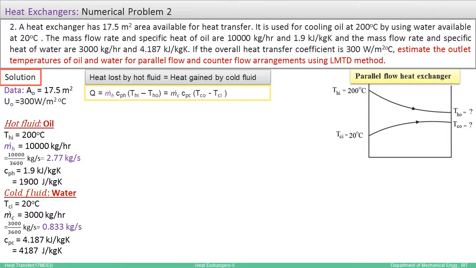Thi will be greater than Th naught. And the heat gained by the cold fluid is equal to m dot c into Cpc multiplied by Tco minus Tci, that is Tco will be greater than Tci.